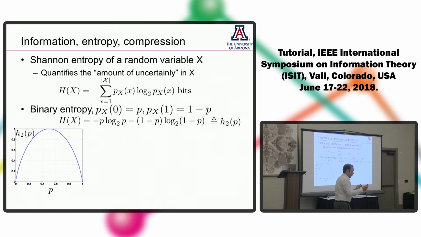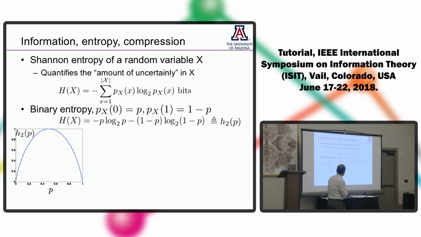I'm sure all of you in this room know about this, but I'm still going to talk about some very basic material just to set notation, because we'll be using it as we go along. We all know Shannon's definition of the entropy of a random variable, which is negative sum of P of x log P of x, where P of x is the probability with which the source emits a symbol little x.